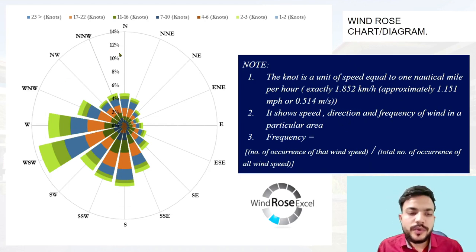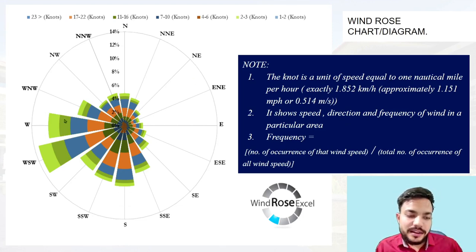So we can conclude that a wind of speed 2 to 3 knots is occurring somewhere around 10 to 11.5 percent, depending on the scale of this diagram. So this many times you can observe a speed of 2 to 3 knots out of all the possible ranges in your experiment. This is the percentage for this particular speed of 2 to 3 knots, that is the frequency.